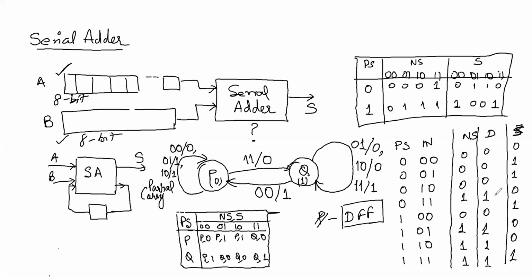So for D, maybe I can do it here. So this is my present state 0 and 1. And over here, I can write my input combination 0 0, 0 1, 1 1, 1 0.